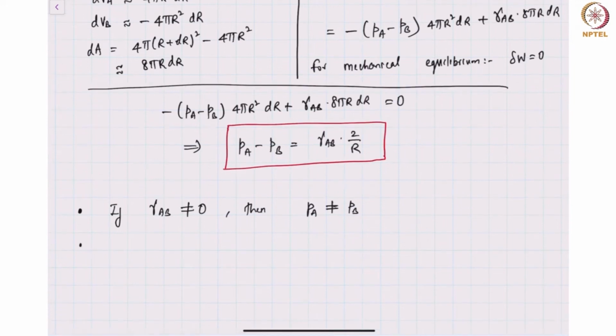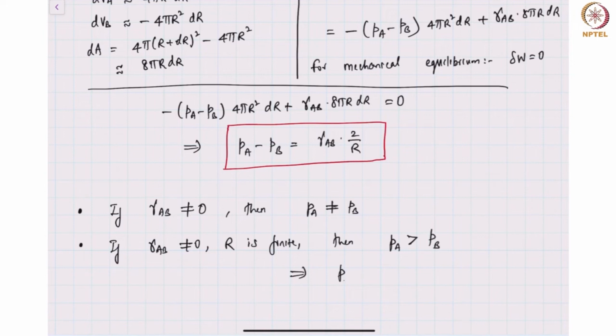The second observation is if gamma AB is not equal to 0, R is finite, then PA is greater than PB.